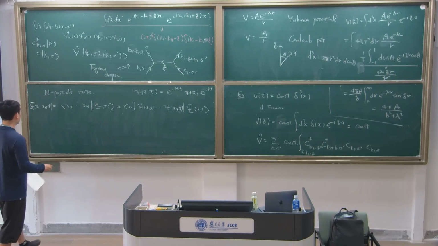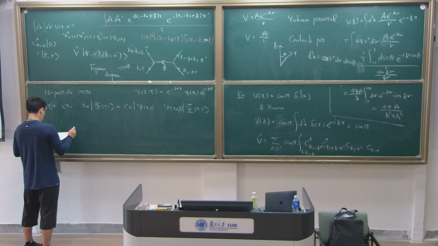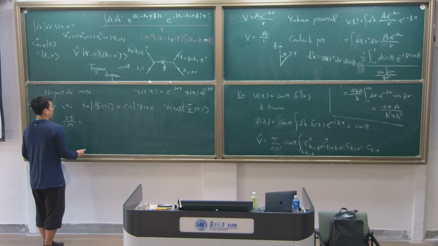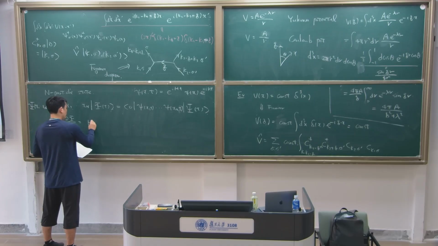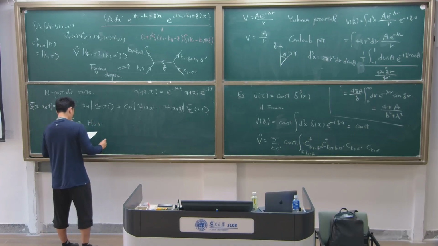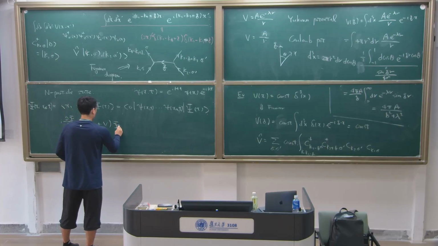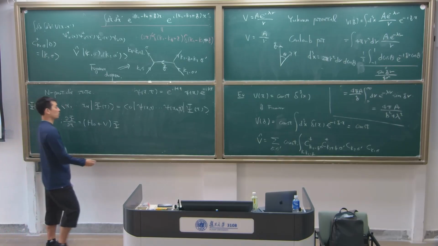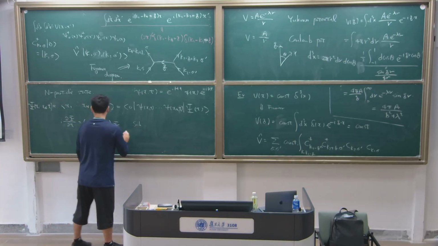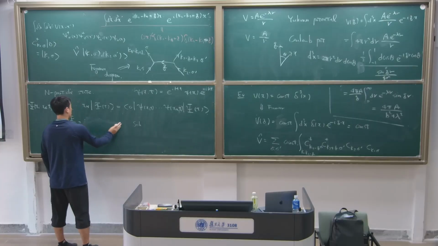In quantum mechanics, what you learn is that i times del psi del t is given by H acting on psi. So that's the Schrodinger equation.